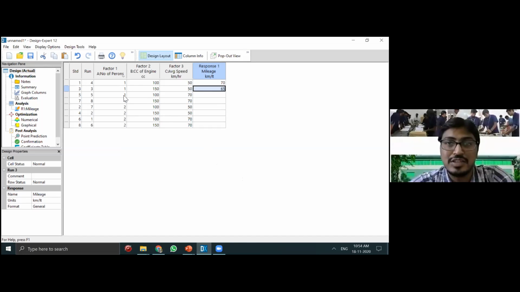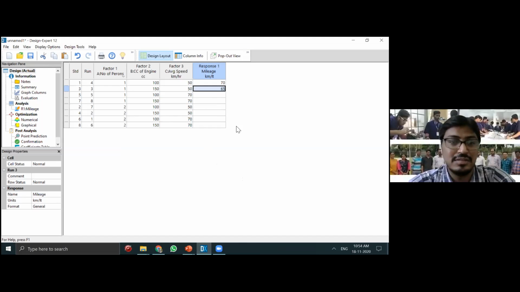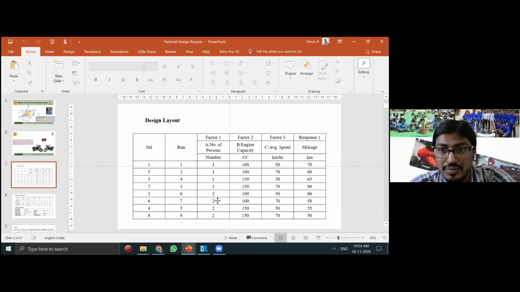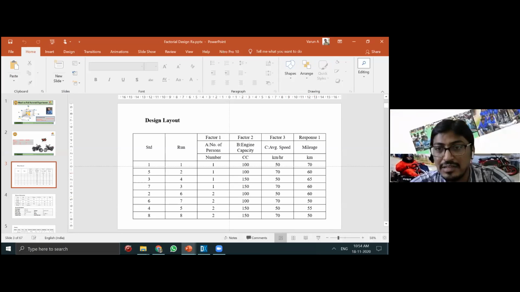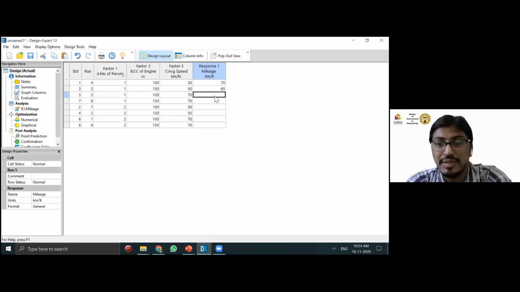Next one is 100, sorry, 70. Yes. 170, it is 60 kilometers per liter. So I'll be mentioning 60.